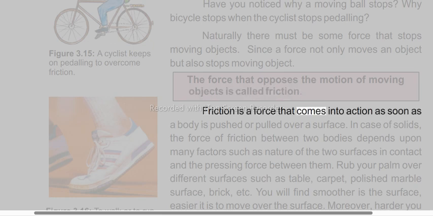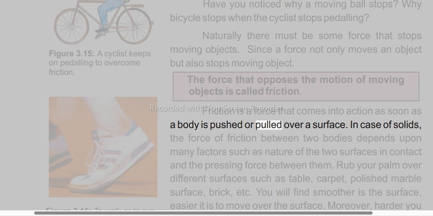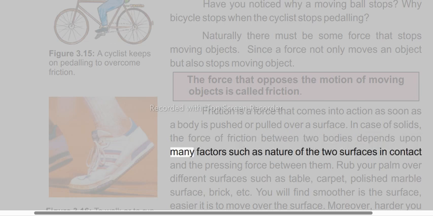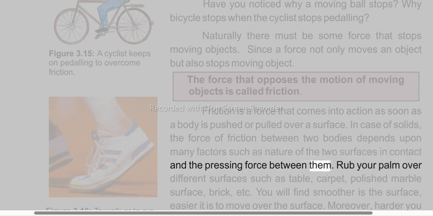Friction is a force that comes into action as soon as a body is pushed or pulled over a surface. In case of solids, the force of friction between two bodies depends upon many factors such as the nature of the two surfaces in contact and the pressing force between them.